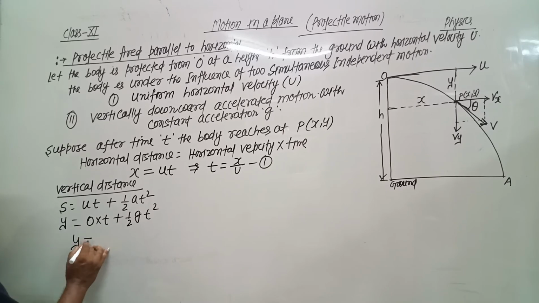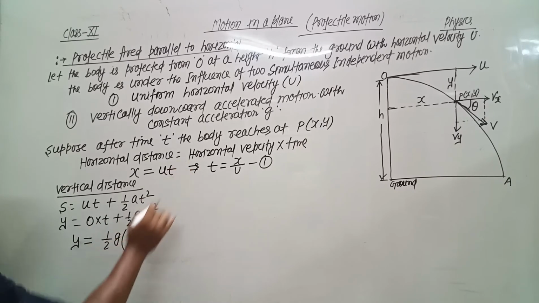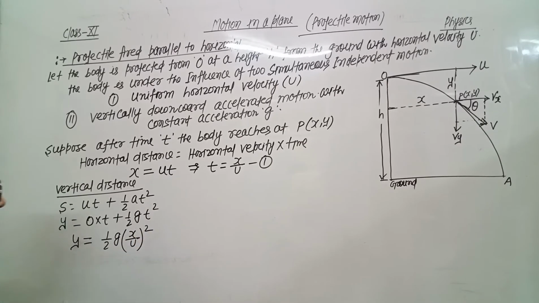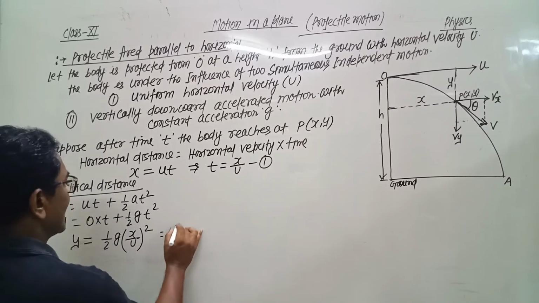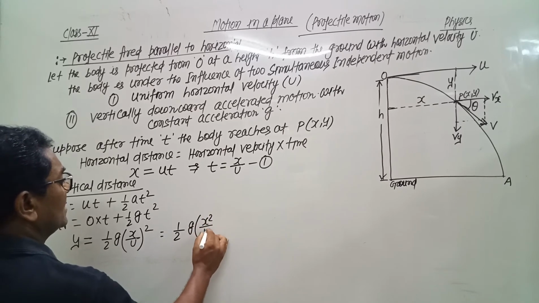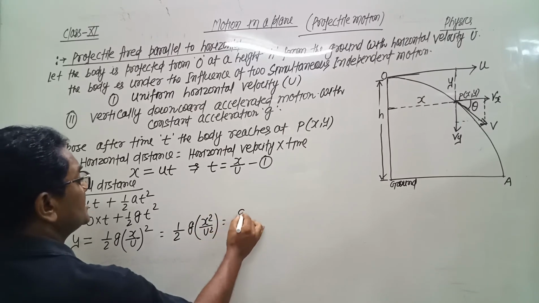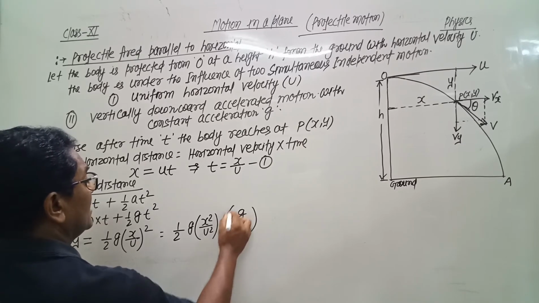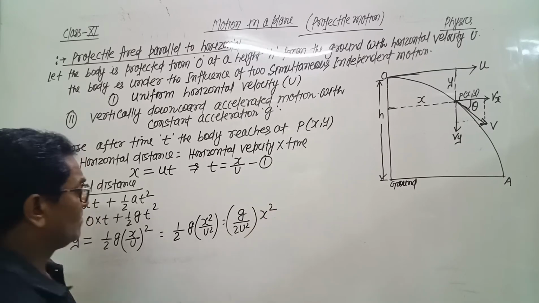Now this becomes 0, half g, and the value of t we have calculated, x upon u the whole square. So y equals half g and x upon u the whole square, and this can be written as half g x square by u square, which is written as g by 2u square into x square.